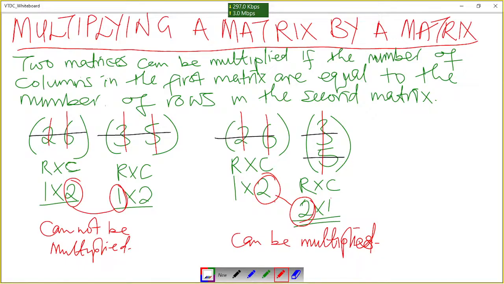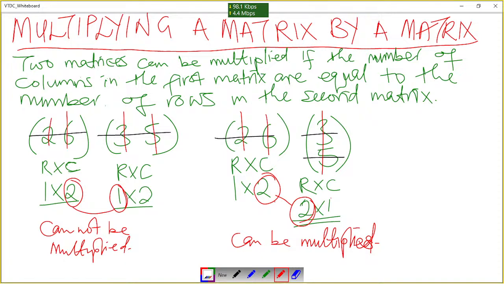Okay, now let's go to the next part of this. Now let's go to the actual multiplying of matrices. We have identified how to identify matrices that can be multiplied. However, in an exam, I've never come across a question that requires you to identify whether matrices can be multiplied or not.